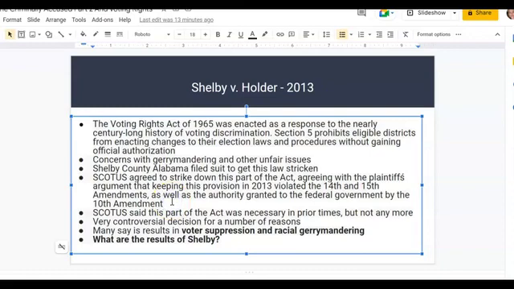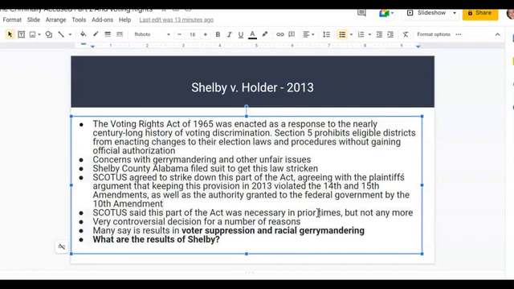The reasoning the Supreme Court had in this decision, when you look at it, they said, well, maybe that was an issue long ago, but it's not an issue anymore. However, what we've seen are polling places and voting booths being shut down in historically black neighborhoods. We've seen all kinds of really funny redistricting of certain historically black voting districts.